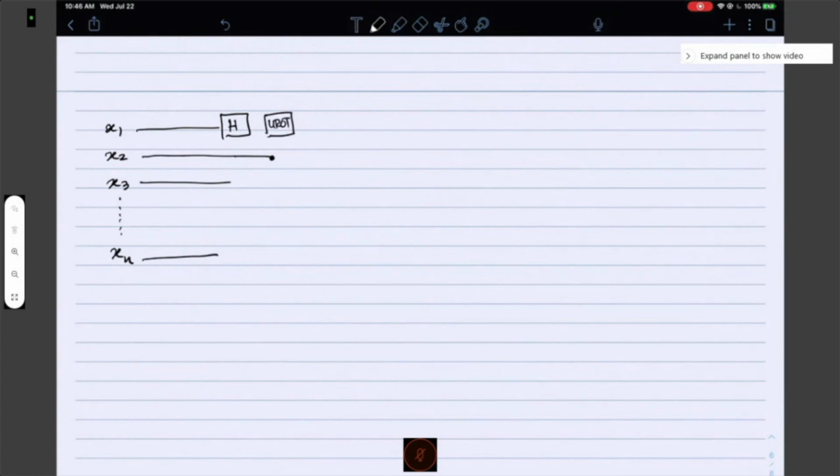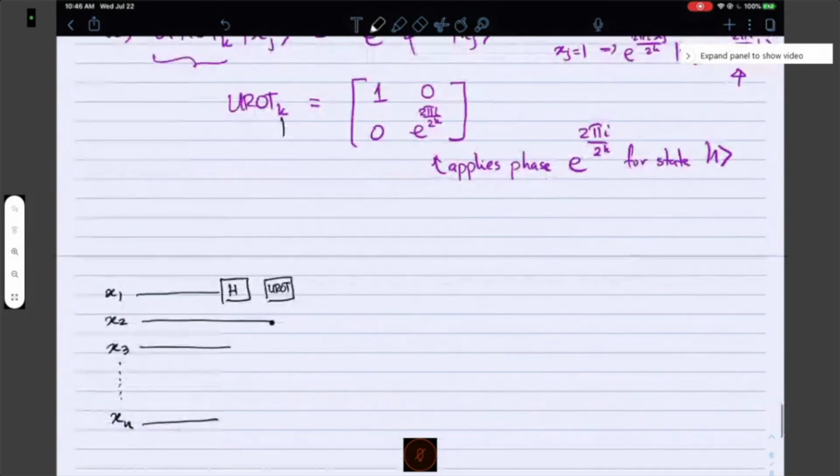And remember, these U rotations require a number in order to define them. So I'm going to write down that number here. I'll say it's 1. And every time I write 1, it actually means 2 to the power of 1. So maybe let me be a bit clearer and write 2 to the power of 1, which is 2.